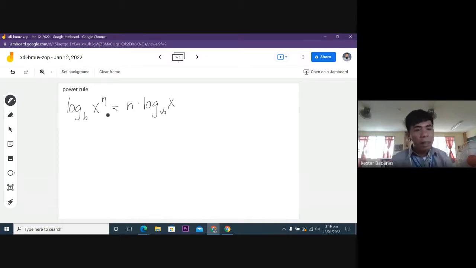Madaling sabi, yung logarithm of x raised to n with a base b is equivalent to n times logarithm of x with a base b. In layman's term, simply write the exponent of the product doon sa tabi ng logarithm and multiply them. So, if we have logarithm of y raised to 20 with the base 5.